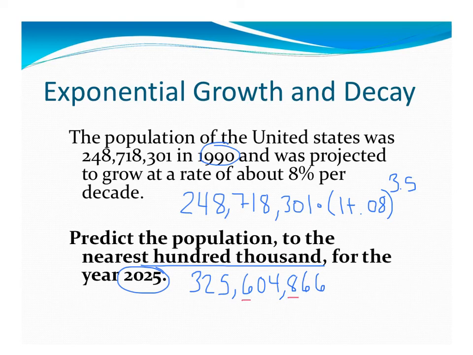Here I have my 100,000s place, not 100,000ths with the THS, but 100,000s. So what I have here is 325,600,000 would be rounding to the nearest 100,000. There's my final answer. Bada boom, bada bing, America.